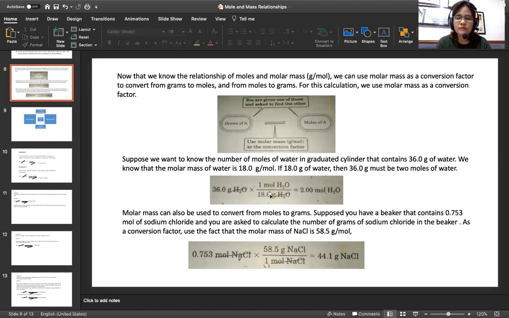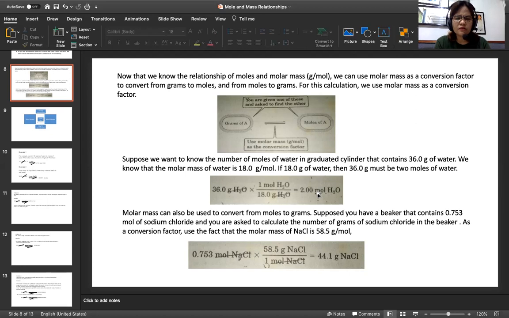So, bibigay mo yung given, and then you have to cancel this. So, para makuha mo yung mole, 36 divided by 18 is equal to 2. Therefore, for 36 grams of water, there are 2 moles of water.